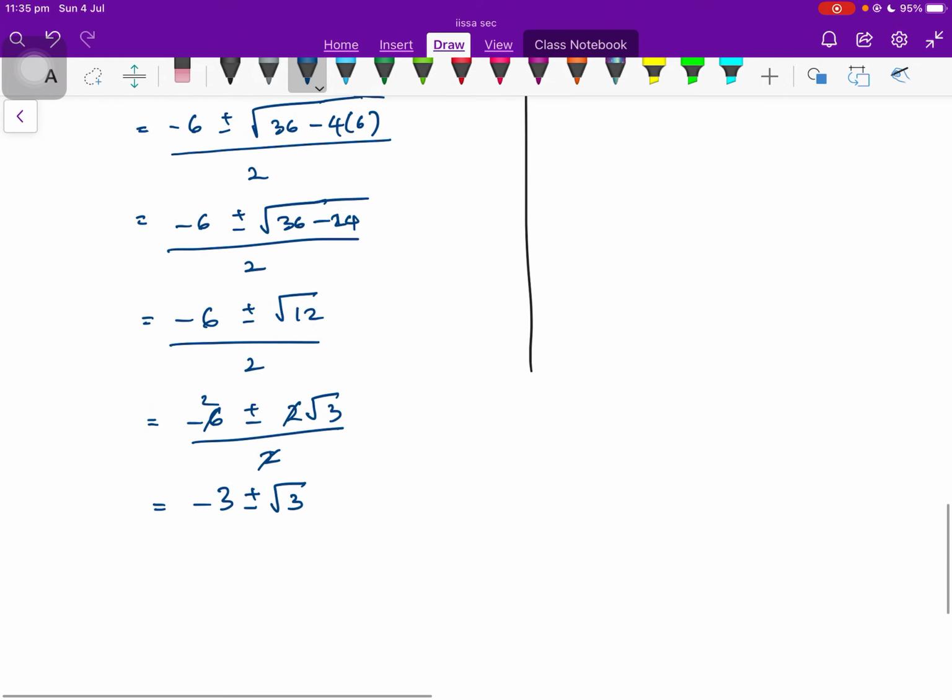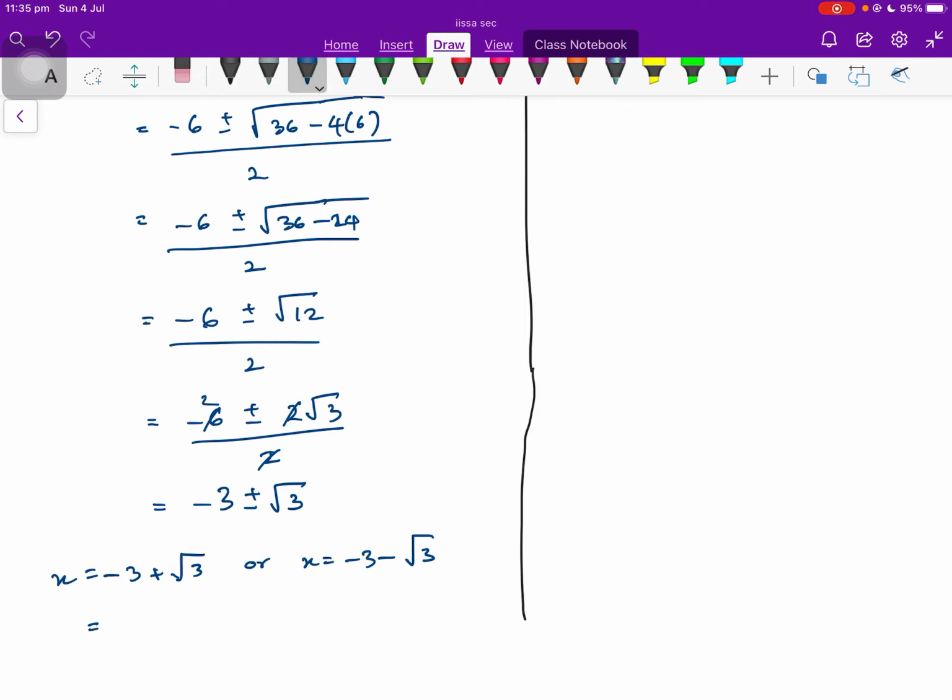So your answer is going to be x equals negative 3 plus or minus square root of 3, one is plus, one is minus, negative square root of 3. Just use a calculator. I don't have my calculator with me, so find the answer there.